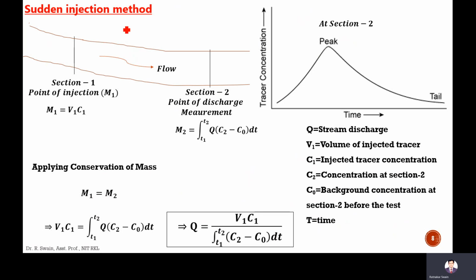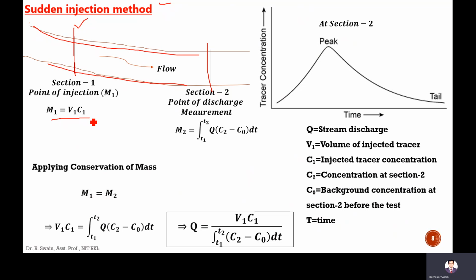So first come to the sudden injection method. Let this be the river. Here this is section 1, this is section 2. At section 1 the tracer is injected.